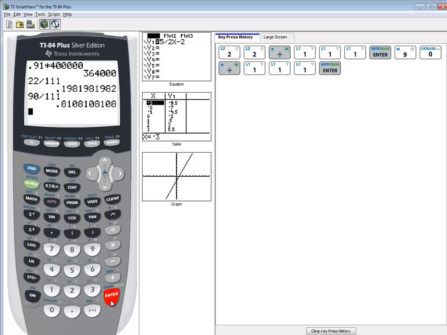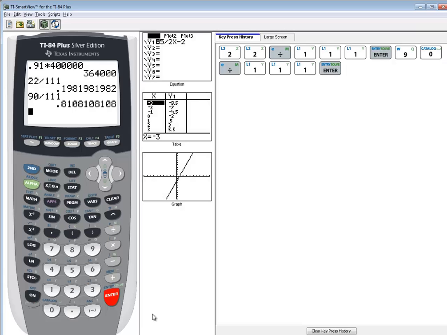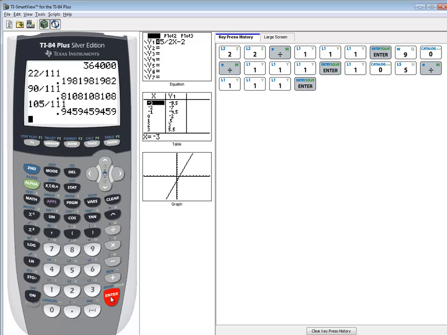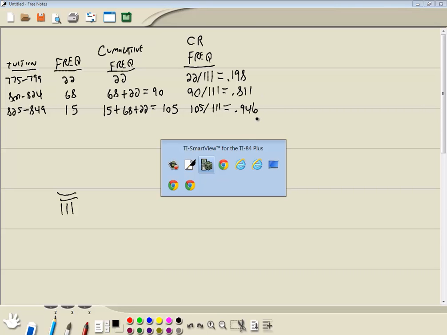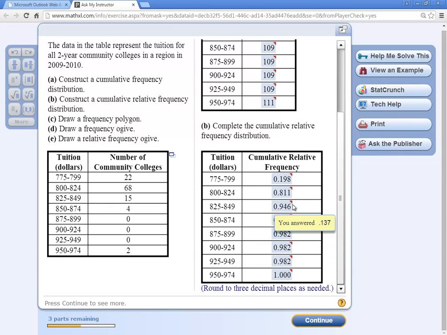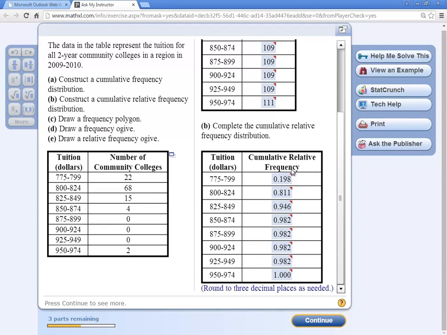And that gives us 0.811. Then this one, I take 105 divided by 111, and that gives us 0.946. So 0.198, 0.811, 0.946. That's how you get those.